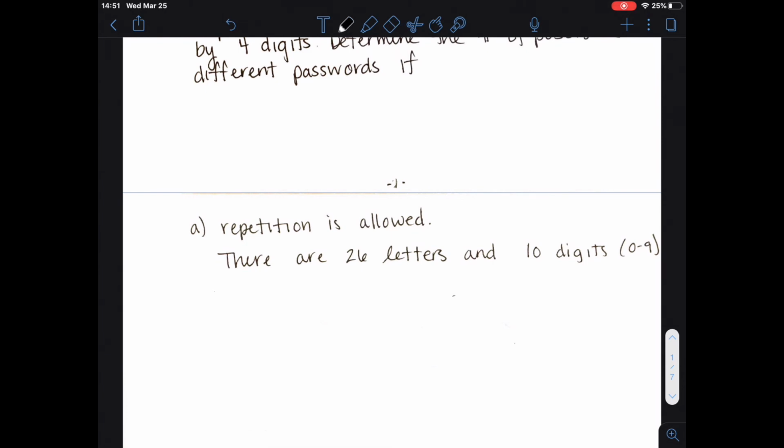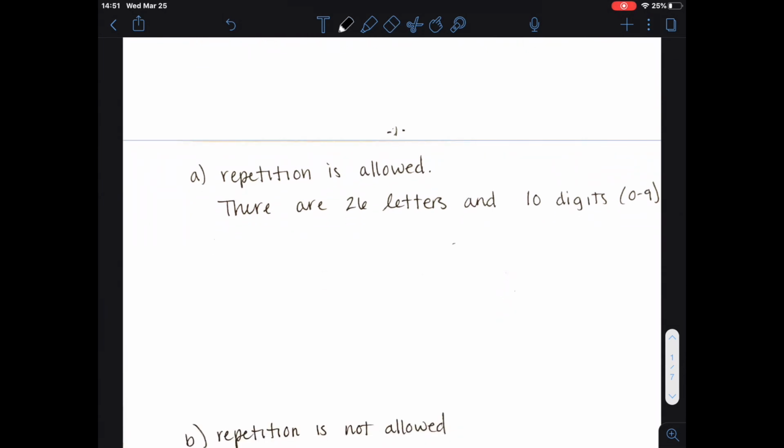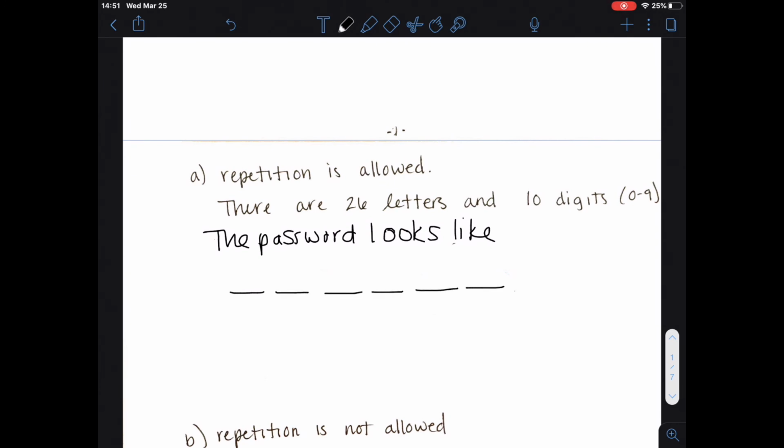So the password is going to look like the following: 2 letters and 4 digits. For the first two options we put a letter and a letter, and then we put a digit, digit, digit, digit.